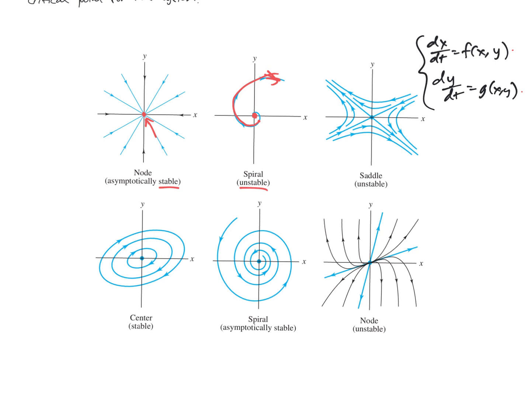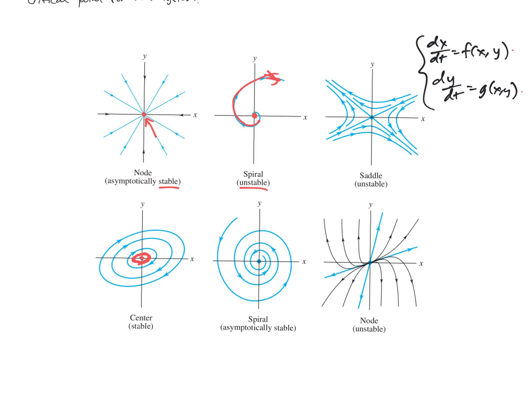Now the node is asymptotically stable because you don't really get stability until as time goes on. Whereas with the center, even if you're off a little bit, you still have stability in that you are constantly on this trajectory.